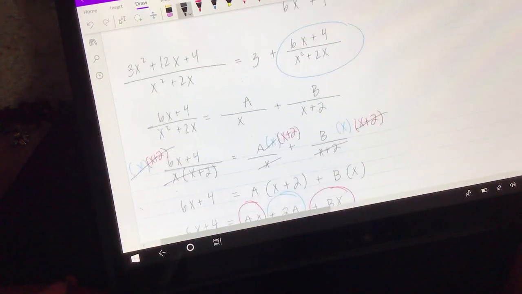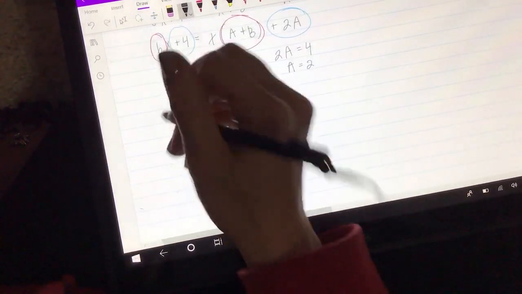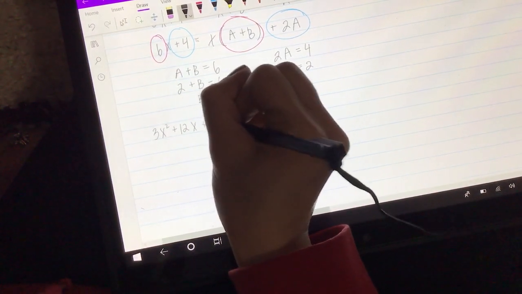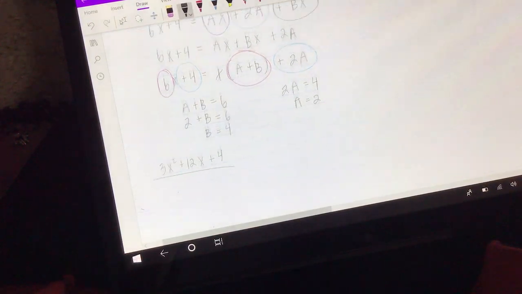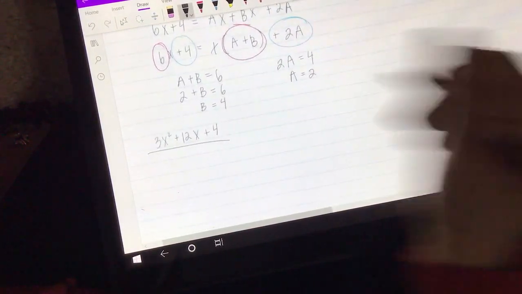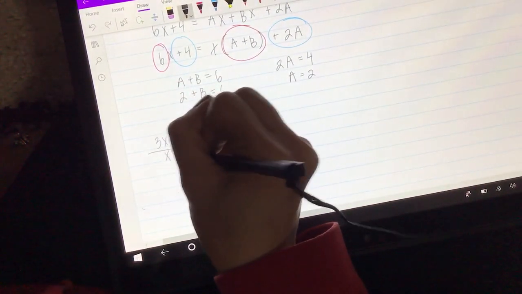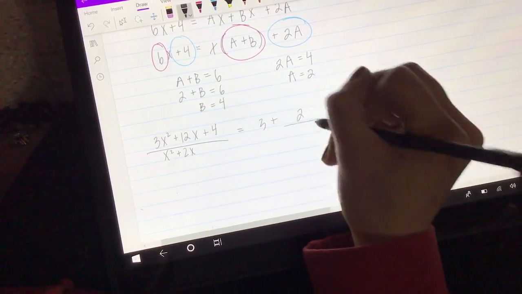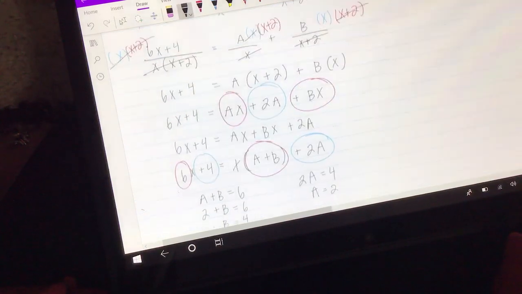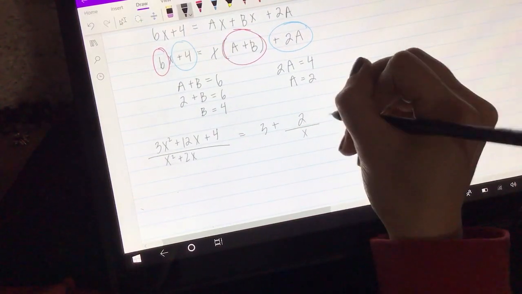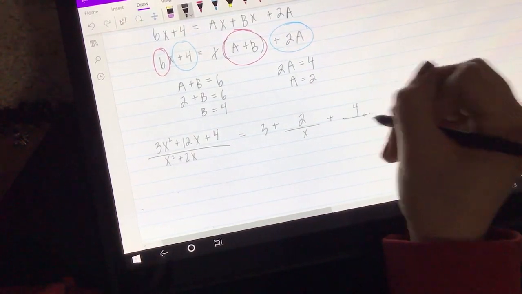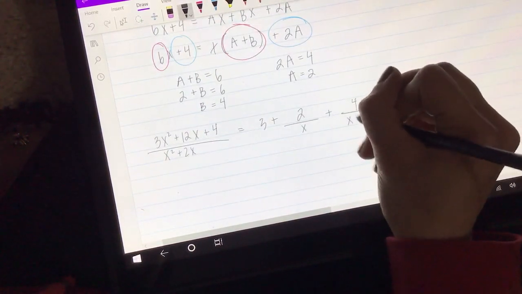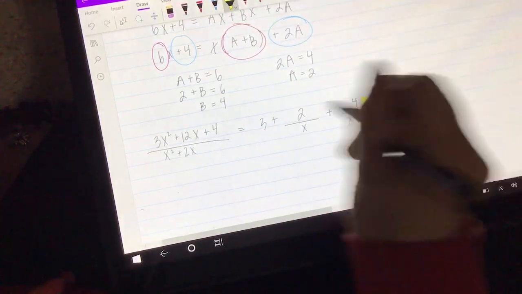So 3x squared plus 12x plus 4 over x squared plus 2x is equal to 3 plus our a value, which is 2, over x plus our b value over x plus 2. There's your final answer for that one.